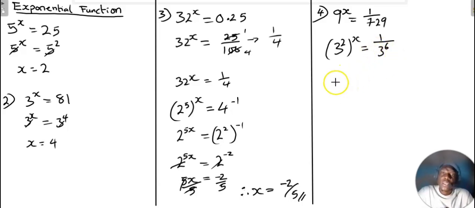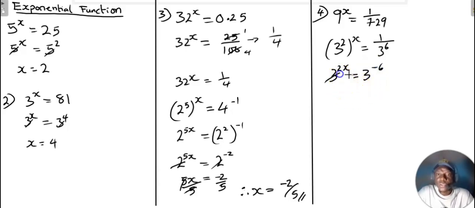Alright. Now let's do the power law. The power here, this 3 raised to power 2, we multiply by x. So 2 times x will give you 2x. That is 3 raised to power 2x is equal to, according to the negative index law, 1 over 3 raised to power 6, which is the same as 3 raised to power minus 6. That's it.